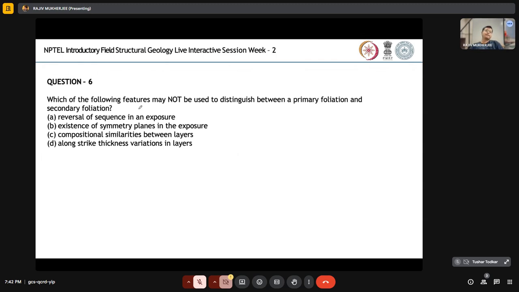So, for example, you are observing in the field that there are alternate shale and sandstone layers in a region, but then you cross a particular area and you find that the sequence is not matching, or there can be a situation of overturning. That means a reversal of the younging direction of the rocks.